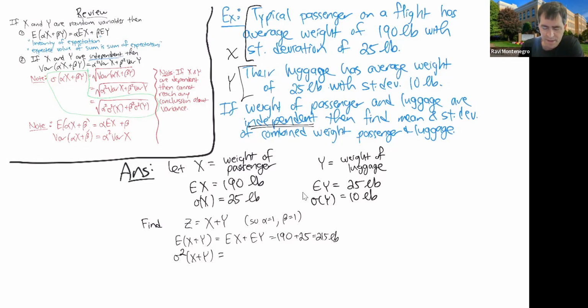Then the linearity of variance tells me this is sigma squared x plus sigma squared y. But I mentioned that we do need to think about independence. So this is because x and y are independent.